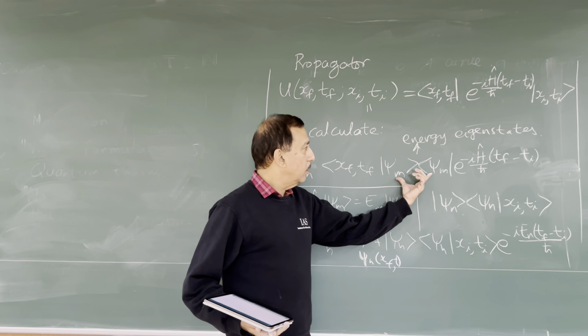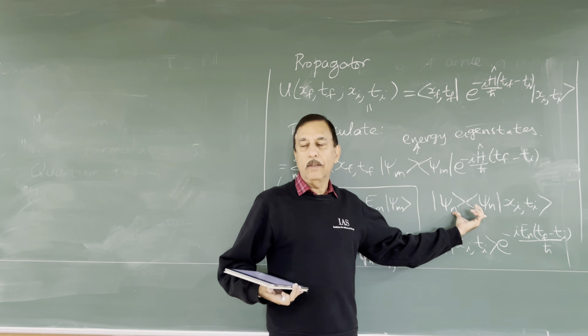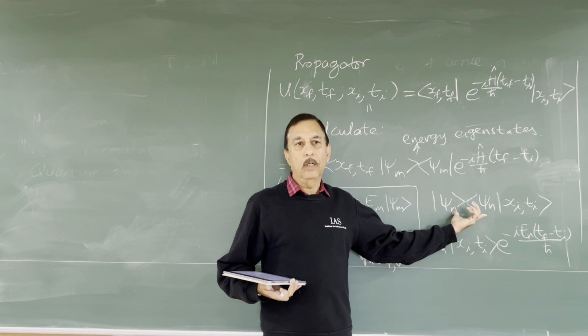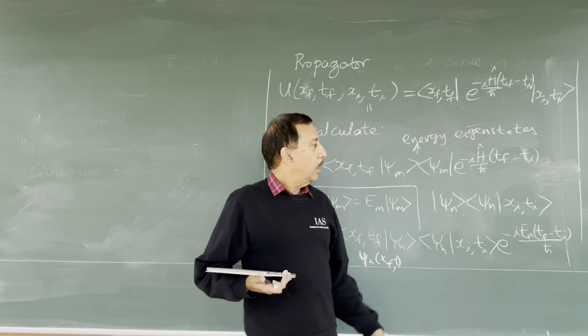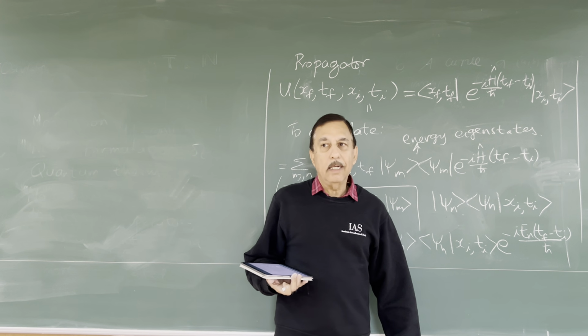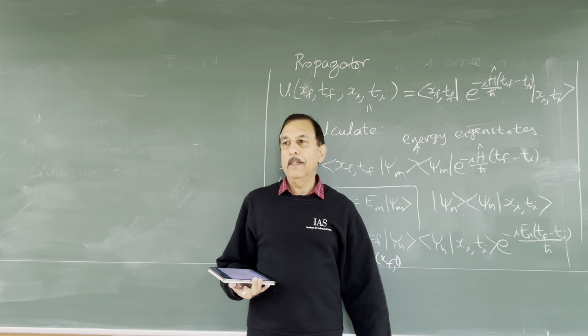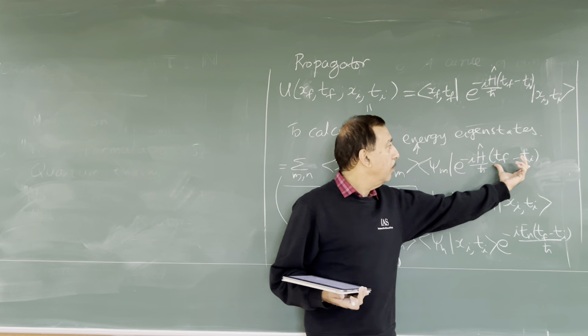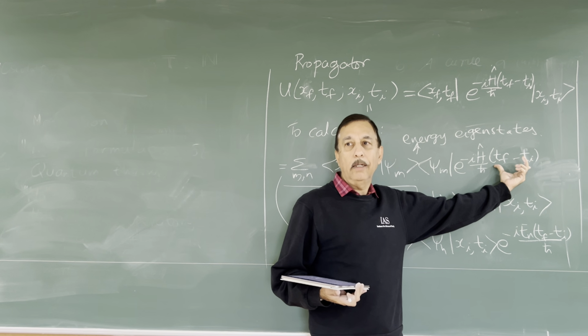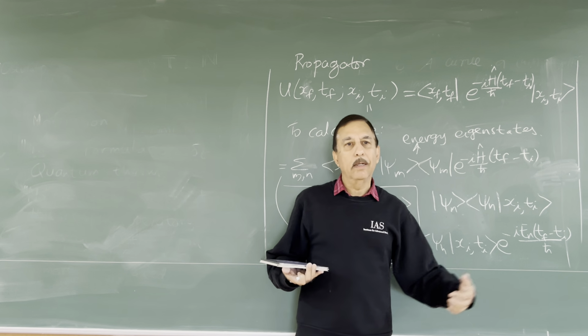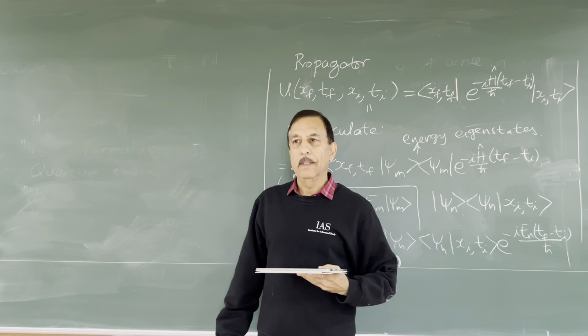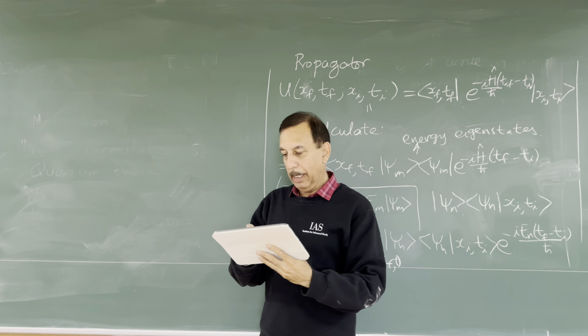So this insertion of two complete sets of states is a good way to calculate the quantity, but if we just want to recast it in various ways, nothing stops us inserting lots of stationary states anywhere we want. This is some time interval over which we are propagating. I can break it up into small intervals and keep inserting complete sets of states. Okay.